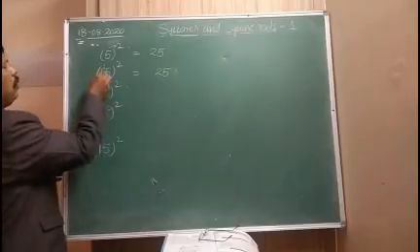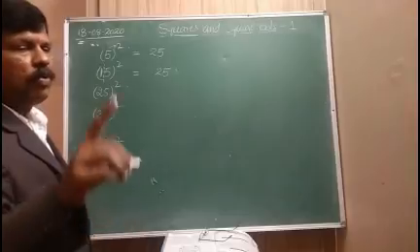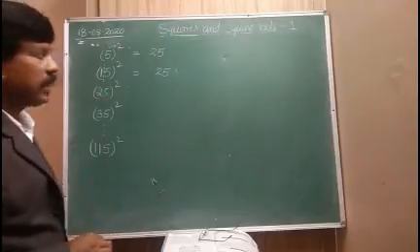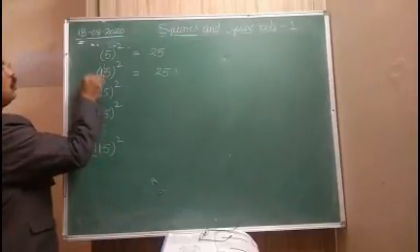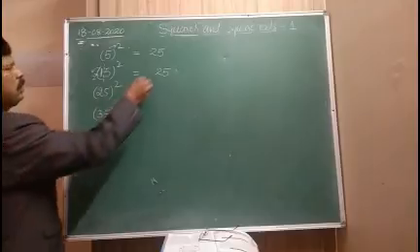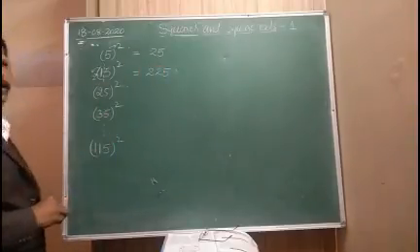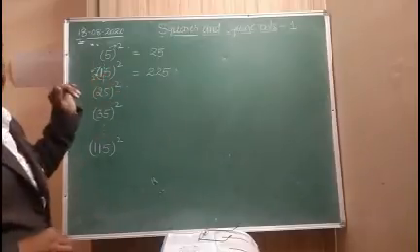Now look at this number. What is the number? 1. What is its next number? Next number is 2. Now what you have to write is the product of these two. 1 into 2 is 2. Write down here. So this is the square of 15.